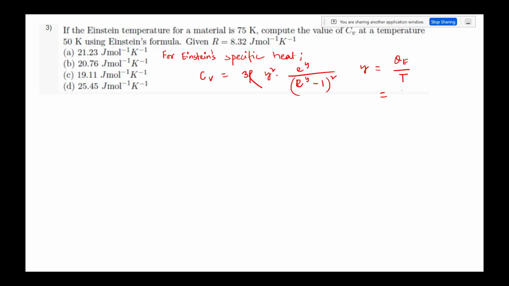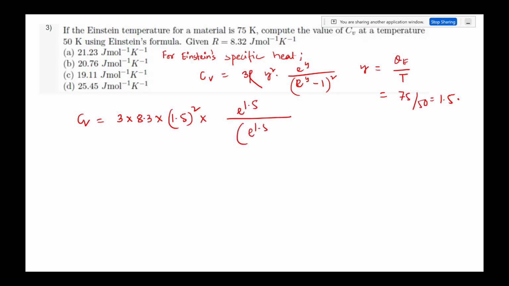Theta E, the Einstein temperature, is 75. This is 50. So y is 1.5. If you put it here, Cv is 3R, R is 8.3, y is 1.5 squared, e to the power 1.5 divided by e to the power 1.5 minus 1 squared.